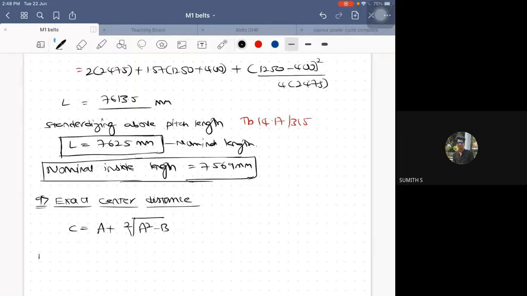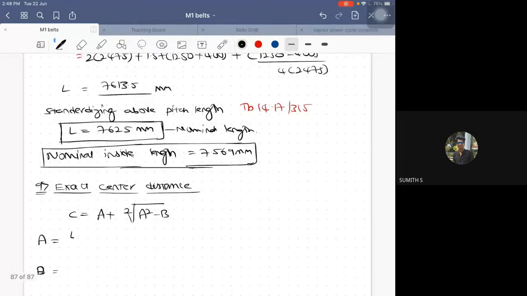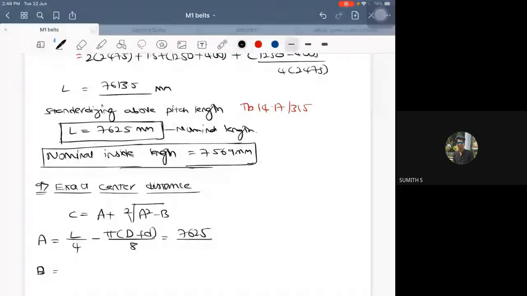What is this A and B? A is L divided by 4 minus pi into capital D plus small d divided by 8. That is equal to 7625 divided by 4 minus pi times 1250 plus 400 divided by 8.